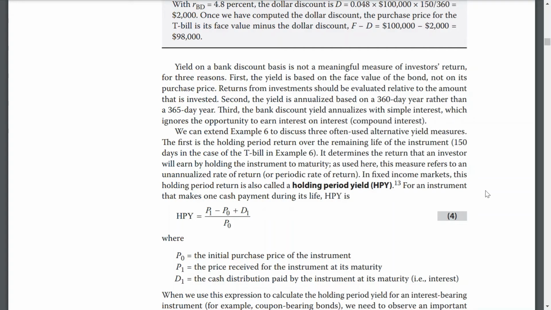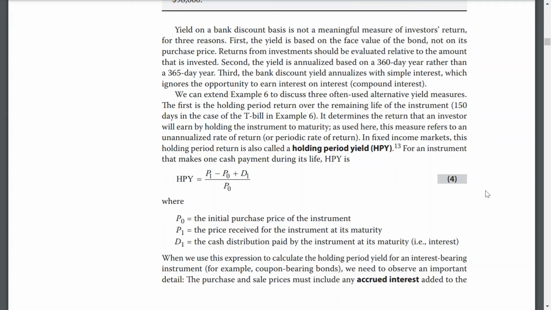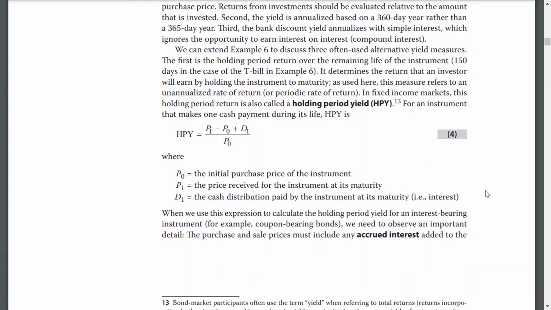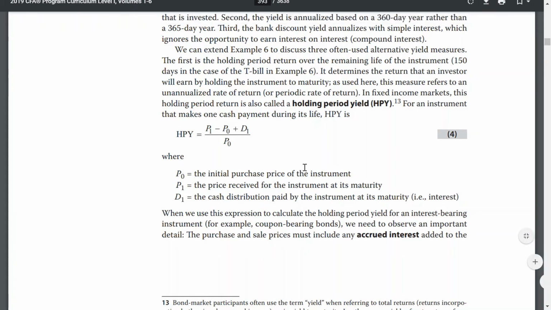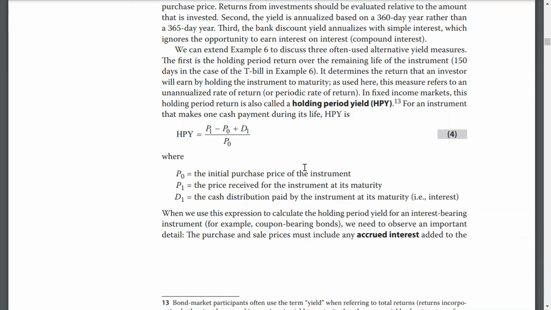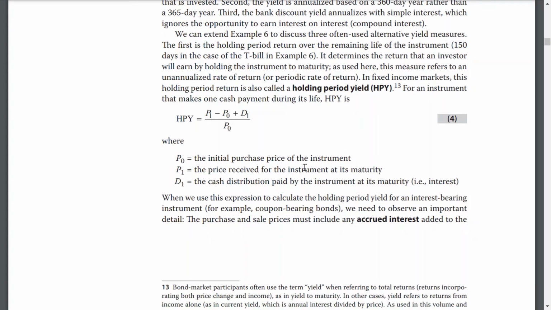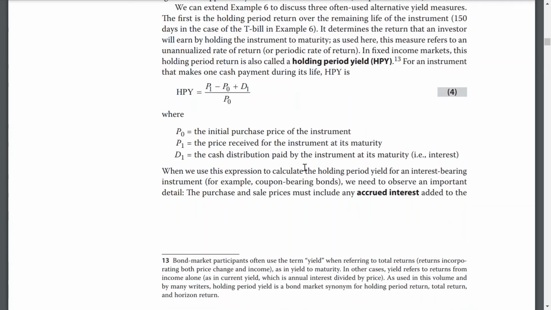For an instrument that makes one cash payment during its life, HPY is this, where P0 is the initial purchasing price for the instrument, P1 is the price received for the instrument at its maturity, and D1 is the cash distribution paid by the instrument at its maturity, i.e. it's the interest. When we use this expression to calculate the holding period yield for an interest-bearing instrument, for example, coupon-bearing bonds, we need to observe an important detail.